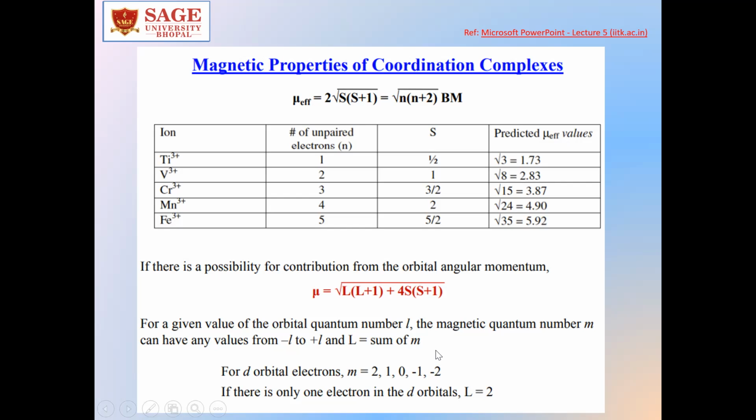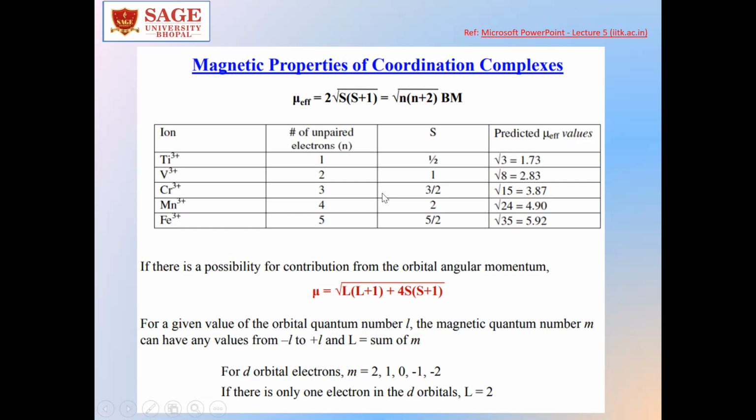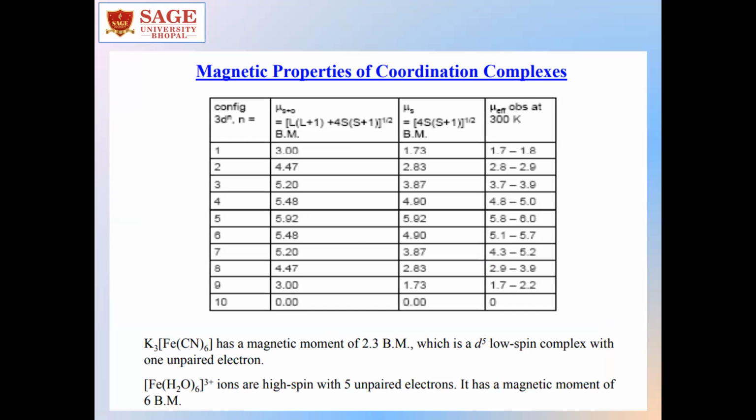So from this formula, if we put the value of capital L, which we can easily calculate from the number of unpaired electrons, after seeing whether it is a high spin complex or low spin complex, we will easily calculate this value and get the mu effective value for any transition metal complex.